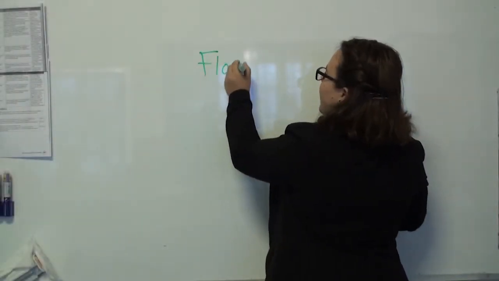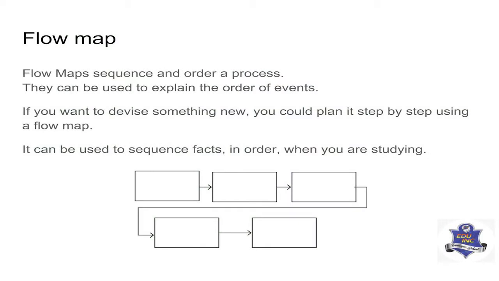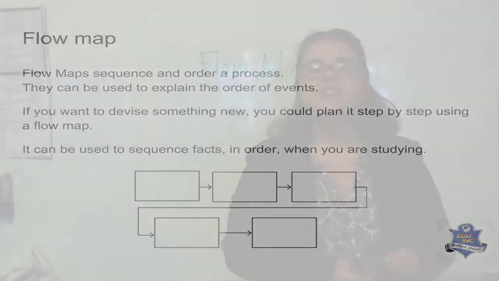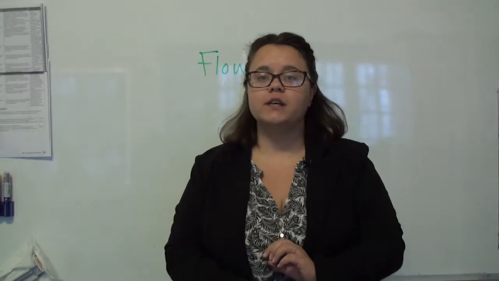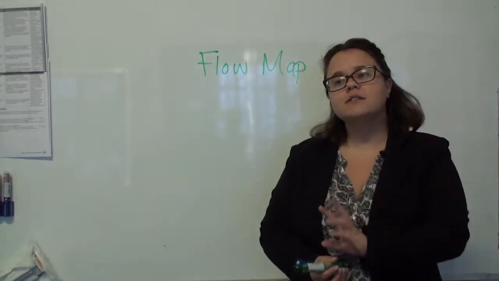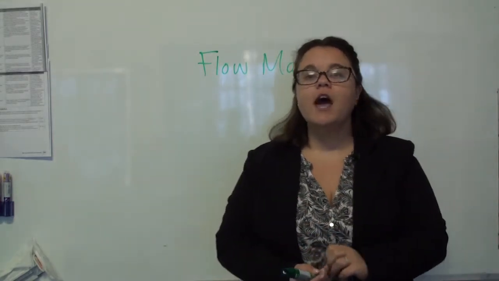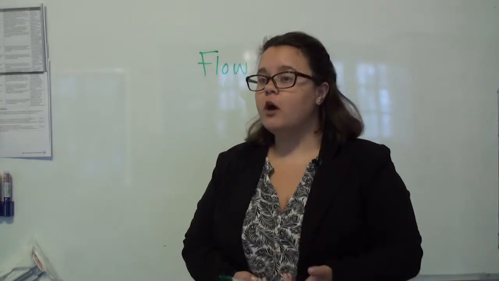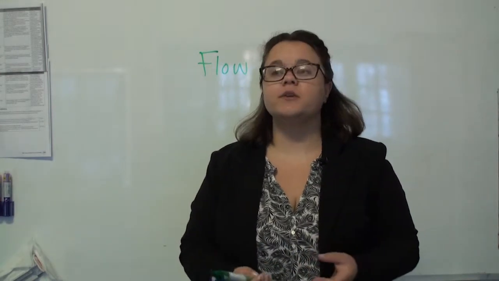A flow map is an excellent map to use if we are trying to sequence things. Sequence means to put things in a certain order. So step 1, step 2, step 3. Recipes are an example of how we use sequencing.